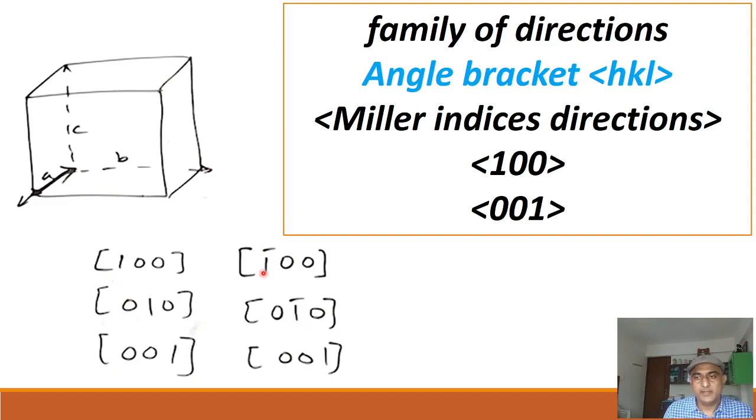So all these numbers have the same direction, and that's why they are a 6 number family, represented like this: 1, 0, 0 or 0, 0, 1. We can represent it by using the angle bracket, which means this is a family of the indices.